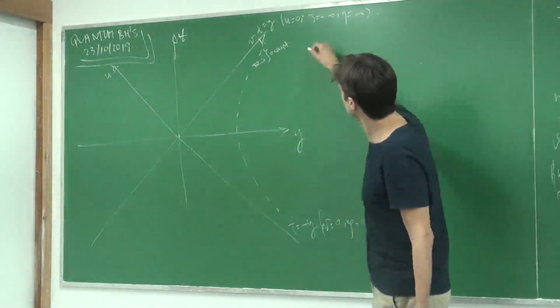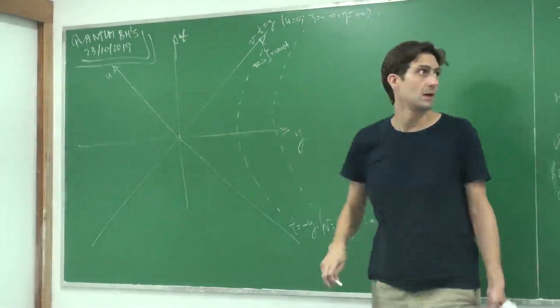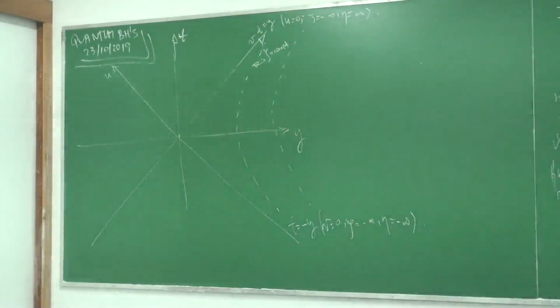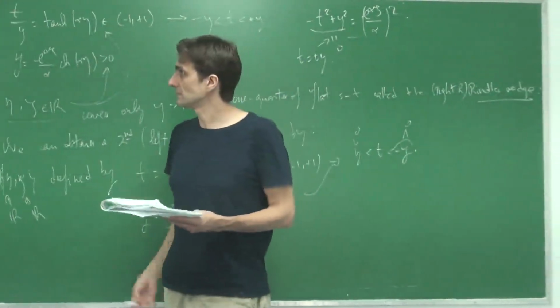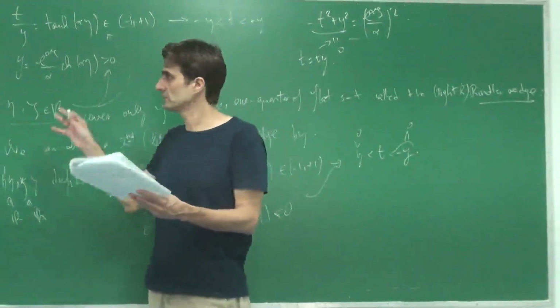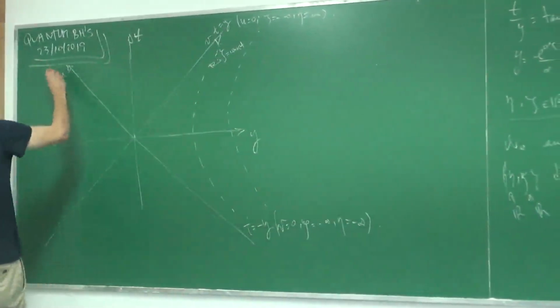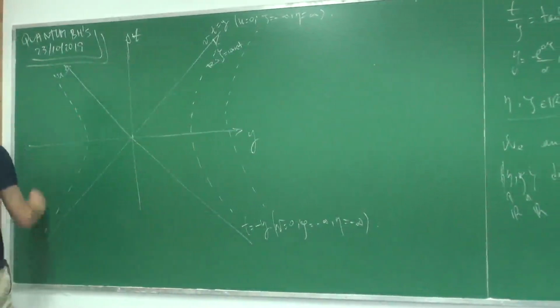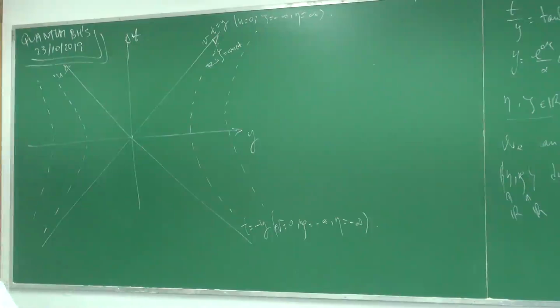And of course depending on the values of alpha and zeta, you'll get different hyperbola. And that's true from the left and from the right.